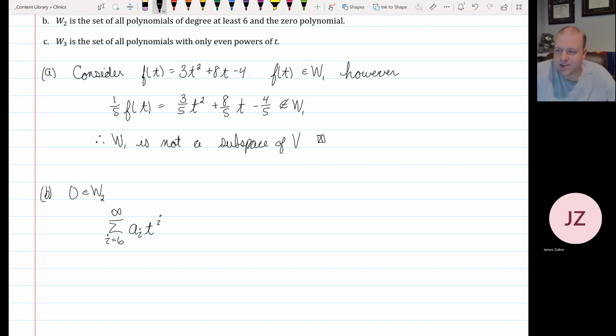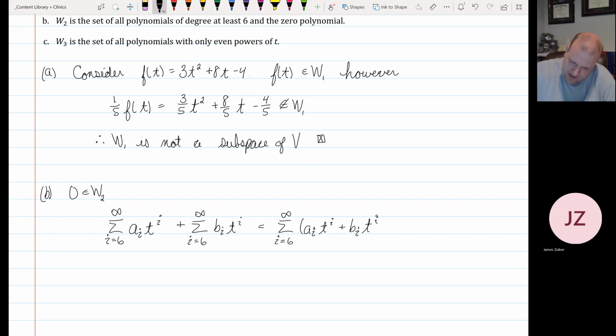Right, so the polynomials look like this: the sum of a sub i, t to the i, summed i equals 6 to infinity. Using properties of summations, we can write this as a single sum.